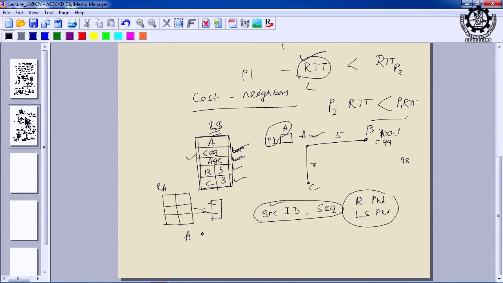So, this is not at all the same as the link state packet. The link state packet gives only the local information of any node, which gives the current status of the node along with its neighborhood. That is what your link state packet is, at the end of the third step of the link state algorithm.